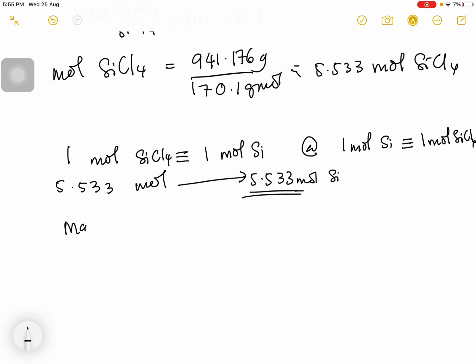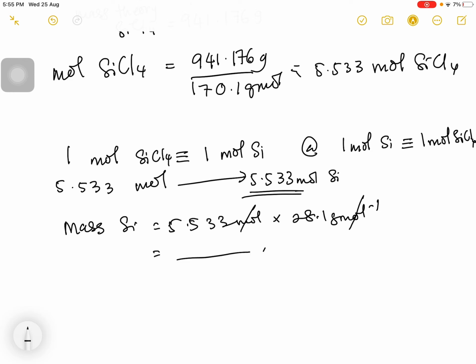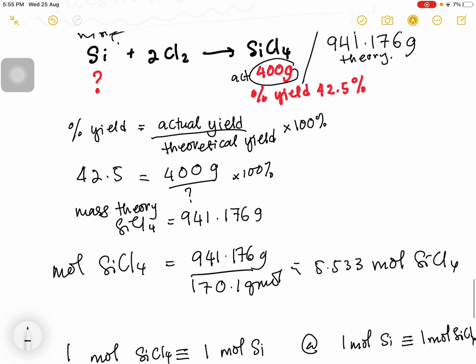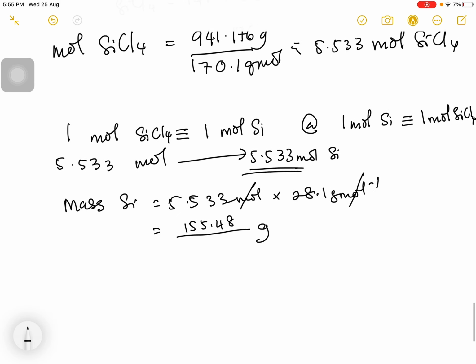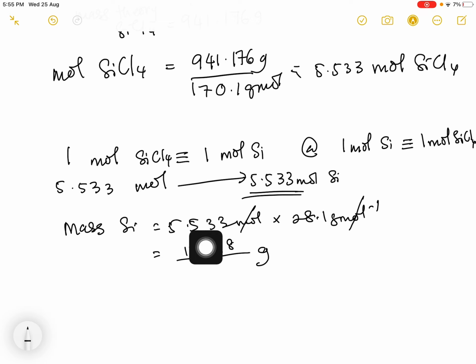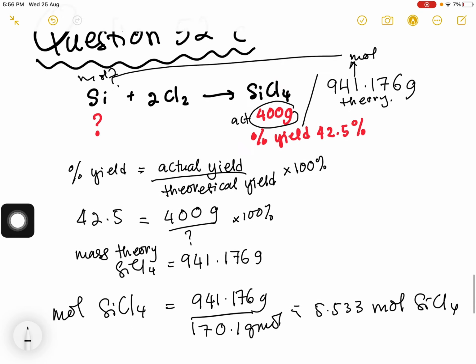The mass of silicon is 5.533 mole times 28.1 gram per mole. The mass is 155.48 gram. Okay, that means to start the reaction, the silicon used is 155.48 gram.